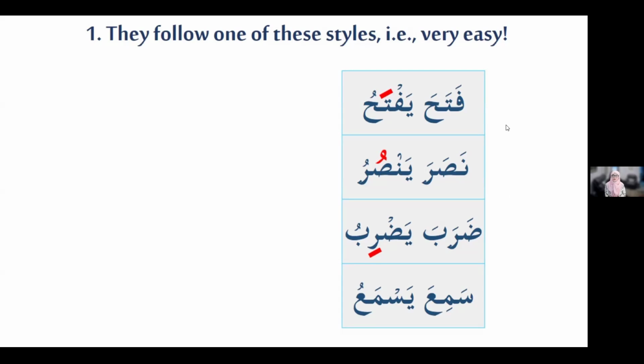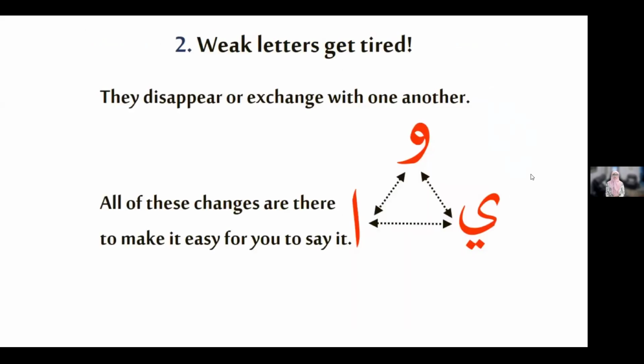So they will follow any one of these 4 styles, and we've done a lot of practice on all these styles. And weak letters, they get tired. So this is another thing we learned, that because they are weak, they get tired. So they may just disappear from the word itself, or they may exchange with one another.